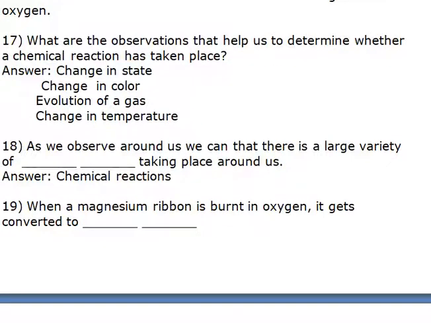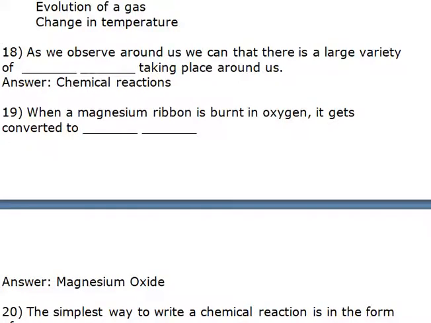As we observe around us, we can see that there is a large variety of chemical reactions taking place around us. Answer is chemical reactions. Question number 19. When a magnesium ribbon is burnt in oxygen, it gets converted to dash and dash. The answer is magnesium oxide.